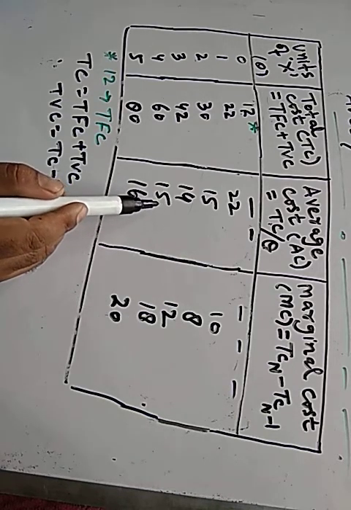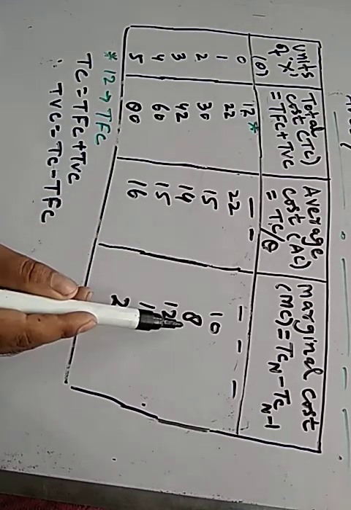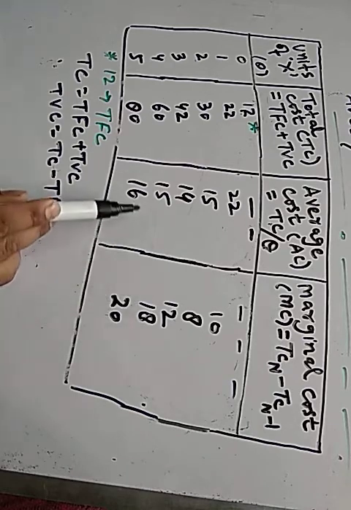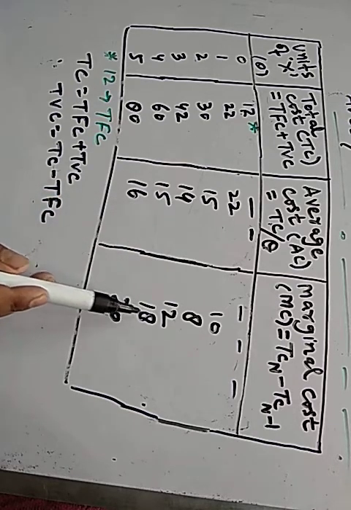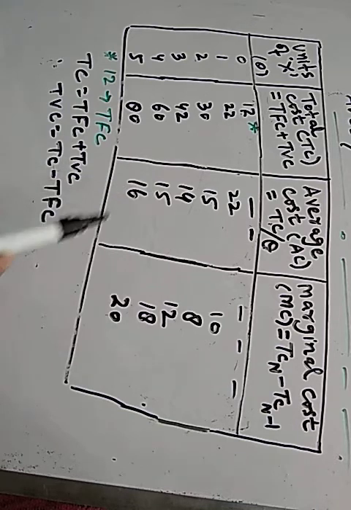Before this, the value of average cost was higher than the value of marginal cost. Now the value of marginal cost is higher than the value of average cost. Marginal cost is 18, 20. Average cost is 15, 16 rupees only.